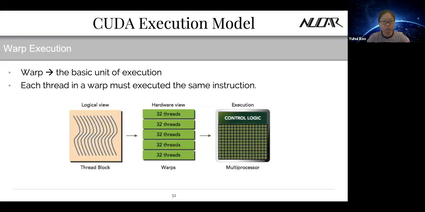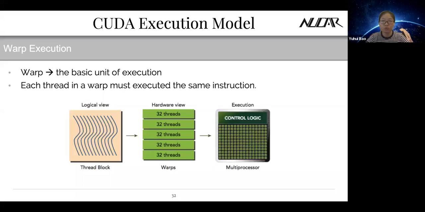So let's go back to see what a warp is. Here the warp is 32 threads grouped together, and as I said, the warp is the basic unit of execution.